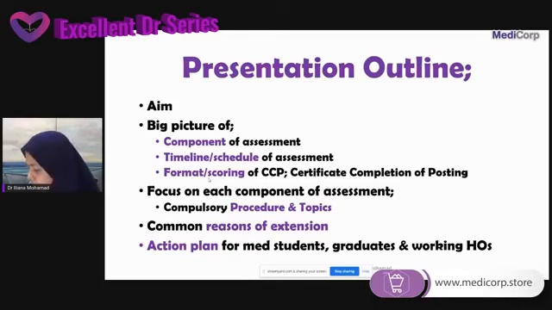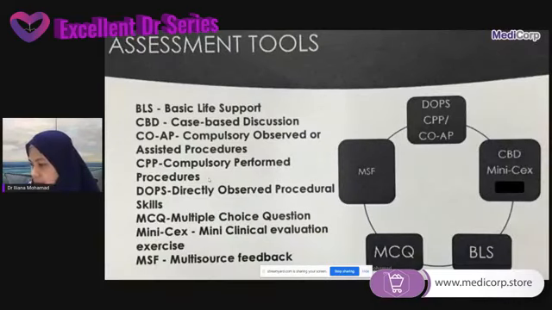Okay, so let's start. First are the assessment tools, or the structure of your assessment. It's quite a busy slide, but basically let's look at this diagram. Your assessment will consist of procedures. Under procedures there will be DOPS, directly observed procedural skills.